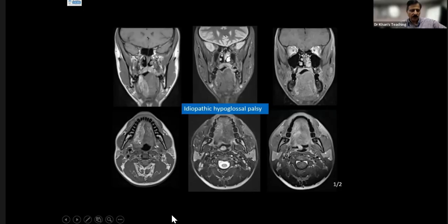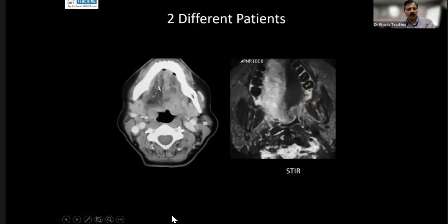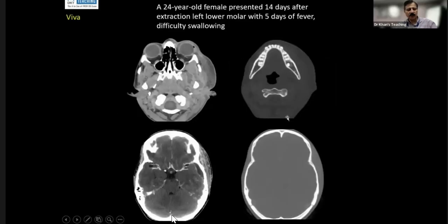In this particular case, on the STIR, there is slight bit of high signal, and there is a bit of enhancement. So this might be subacute type of motor denervation. And on the other hand, you can see cases like this in which there is complete fatty infiltration.